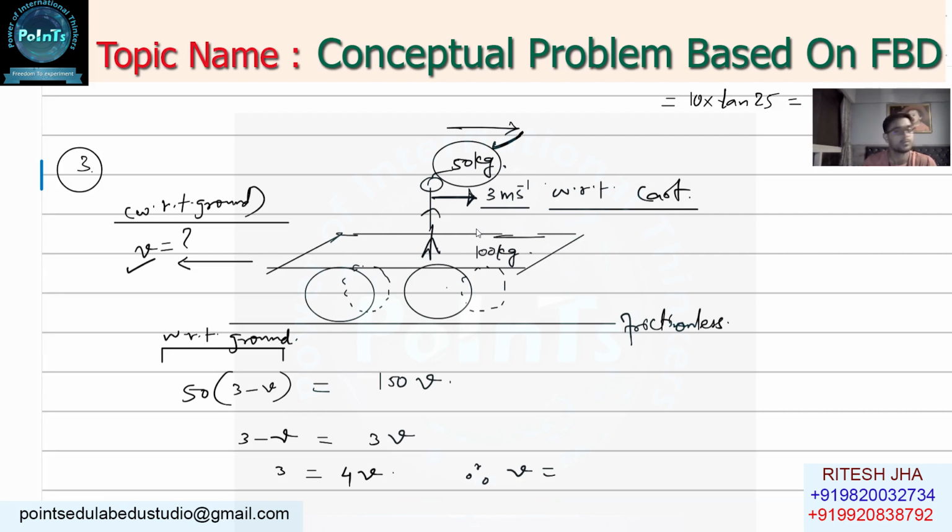Divide everything by 50, so 4V is equal to 3. V is therefore equal to 3/4, 0.75. Yeah, cool. Okay, Ryan, we'll stop here.